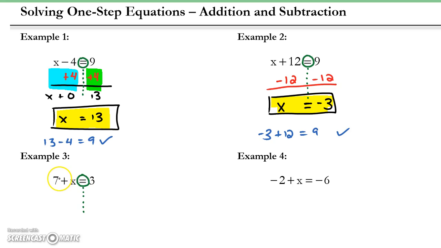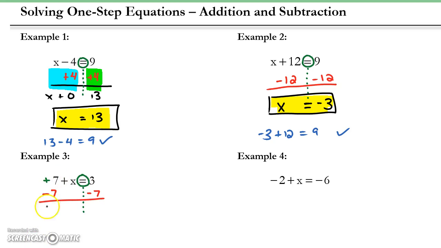But where you have to be especially careful is, I don't care about the sign that's right in front of my x, in this case the positive sign, the plus sign. I care about the sign in front of the number I'm moving. This happens to be a positive because there was no sign there, a positive 7. That does indicate that I will subtract 7 from both sides because I need a positive 7 and a negative 7 if I'm moving it.